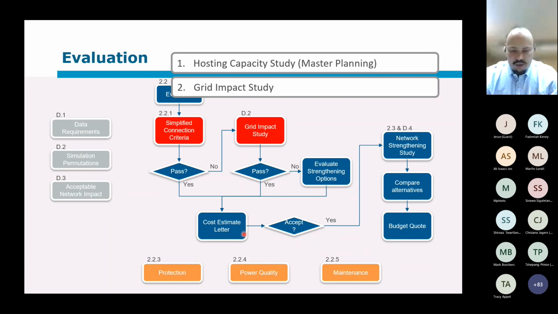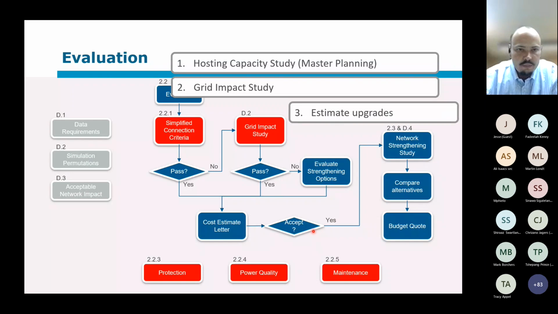Okay, along with this, we need to look at the other departments, so your protection, your power quality and maintenance. Are all of these requirements met? There's the estimate upgrades.